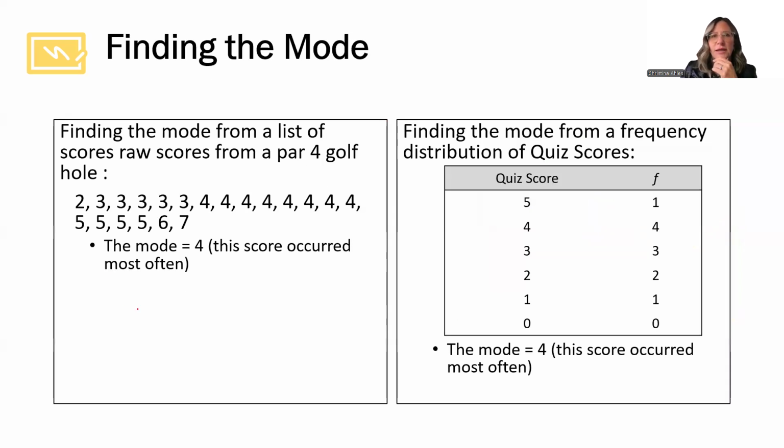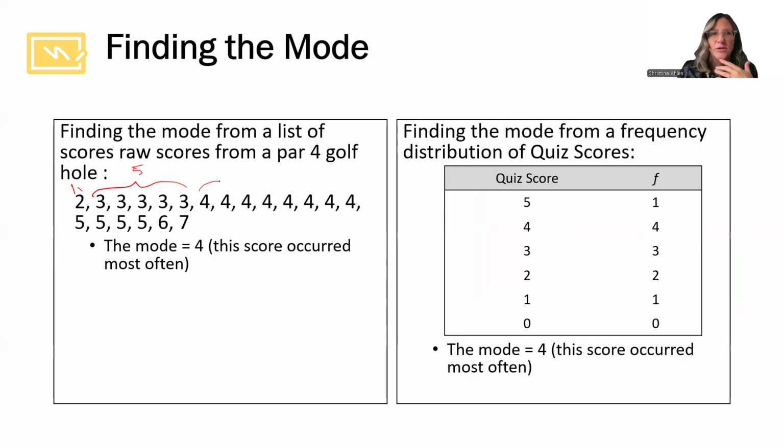So here's how we would look at mode. If we just have a raw data set, all we're going to do is count the frequencies. There's only one person that had a score of 2, but we have 1, 2, 3, 4, 5 people who scored 3. So I'm going to put here 5 people scored 3. Only one person scored 2.